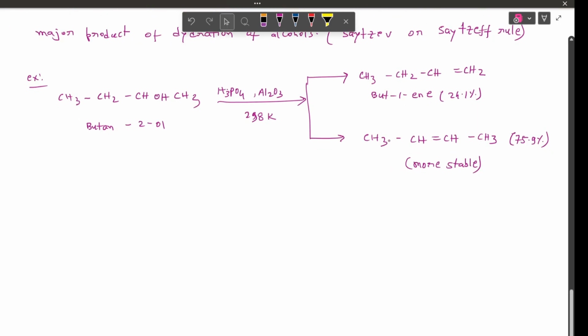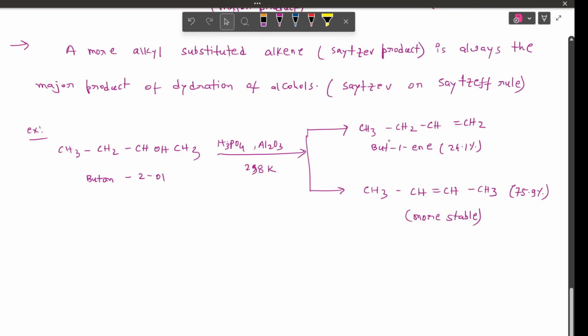So in this reaction, the secondary butyl carbocation is formed as an intermediate, if the water molecule is removed, which is unable to rearrange to form a more stable carbocation, right?